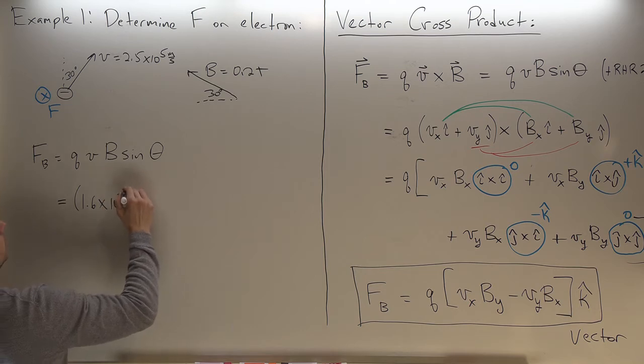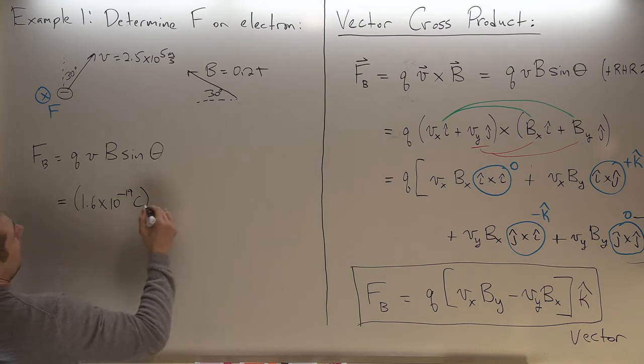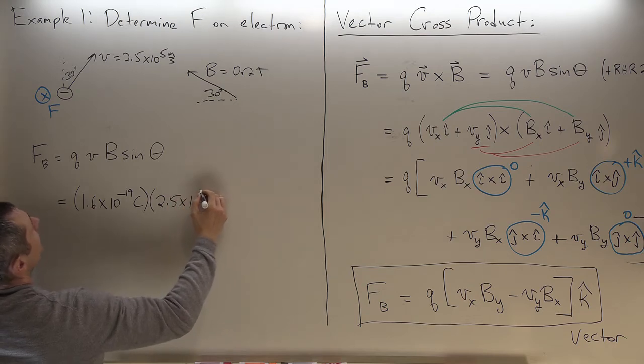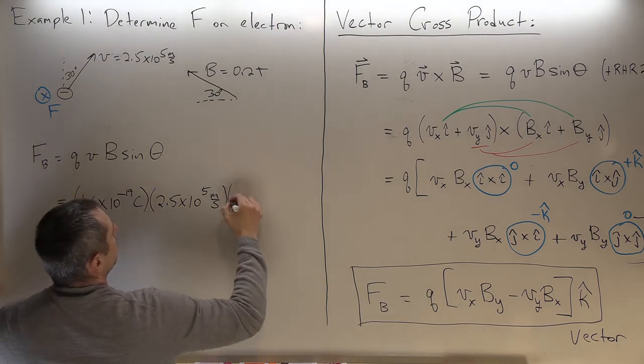The charge of an electron is one elementary charge. We had this earlier in the year, 1.6 times 10 to the minus 19 coulombs. The velocity is 2.5 times 10 to the 5th meters per second. The magnetic field is 0.2 Tesla.